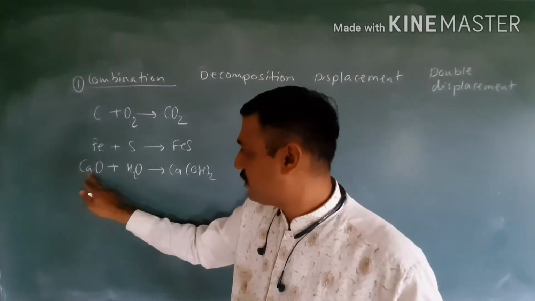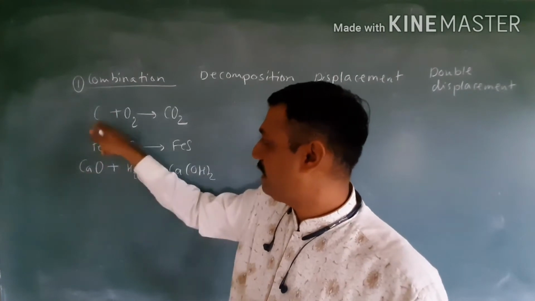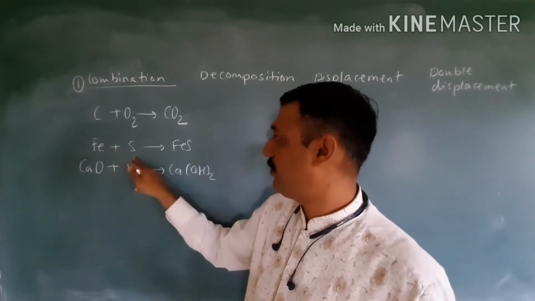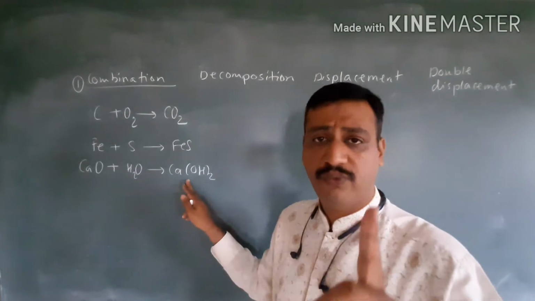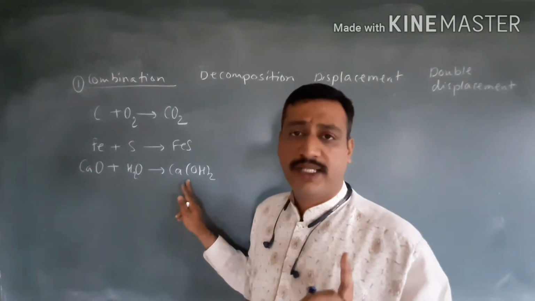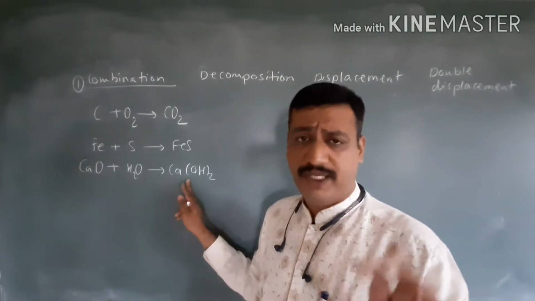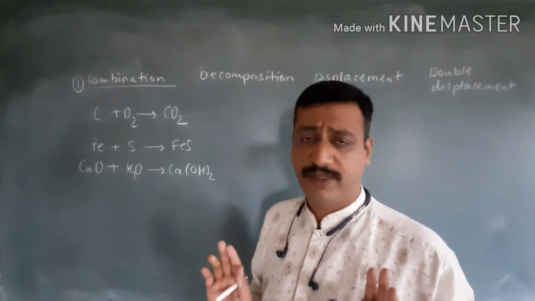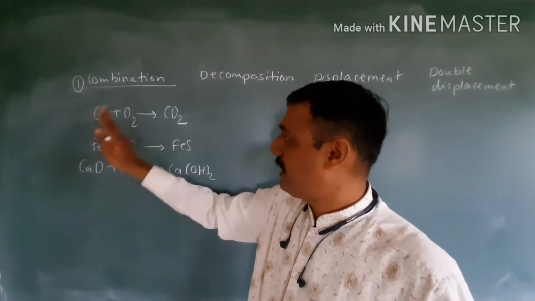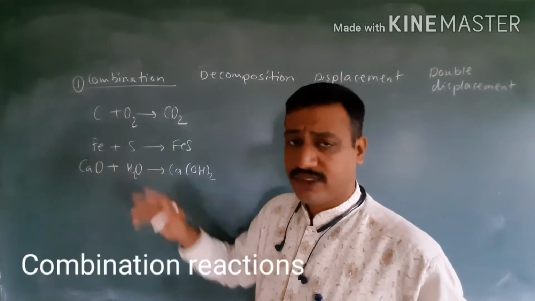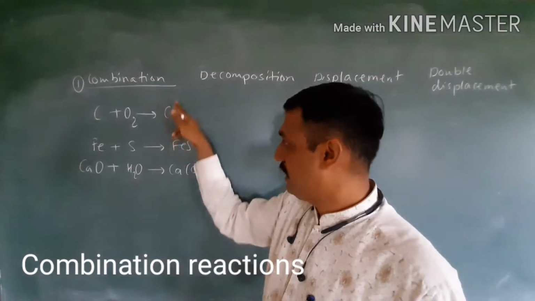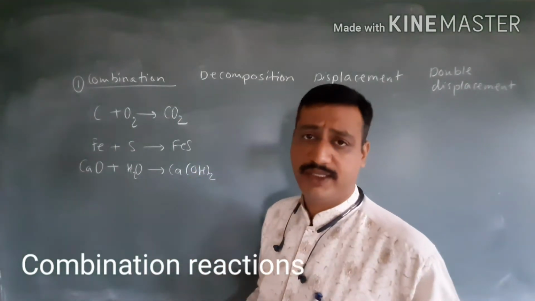So this example is compound plus compound and these examples are element plus compound. And as there is formation of only one new substance, this is a combination reaction. Hope that you are understanding. In combination reactions, two or more substances combine and only one product is formed.